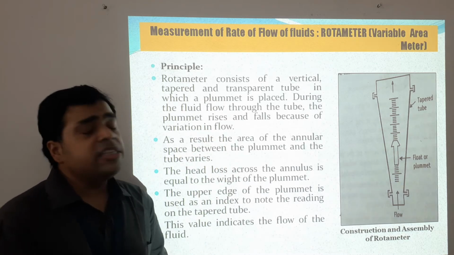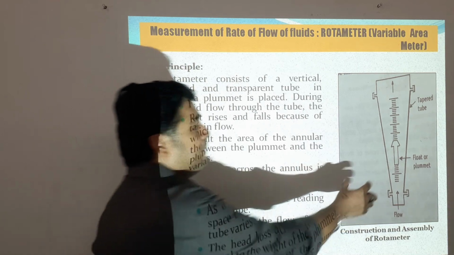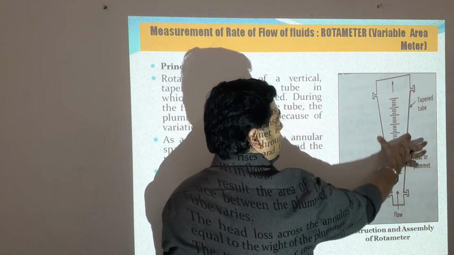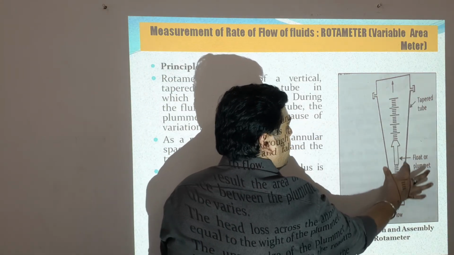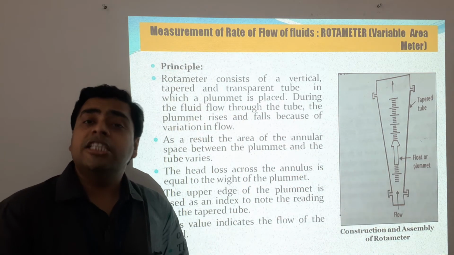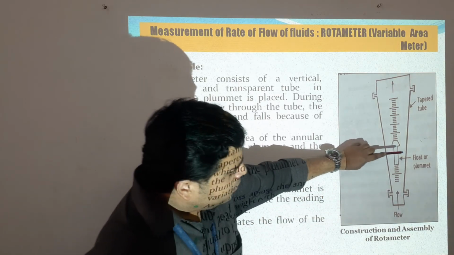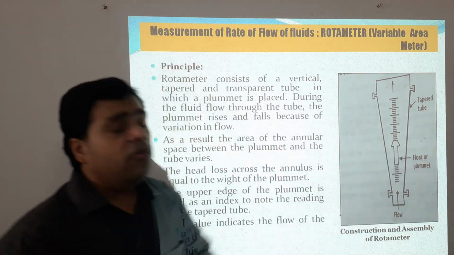The rotameter consists of a vertical, tapered and transparent tube. So tapered, this is of a particular thickness and it is tapering downwards. It consists of a vertical, tapered and transparent tube in which a plummet is placed. So this is the float or the plummet.